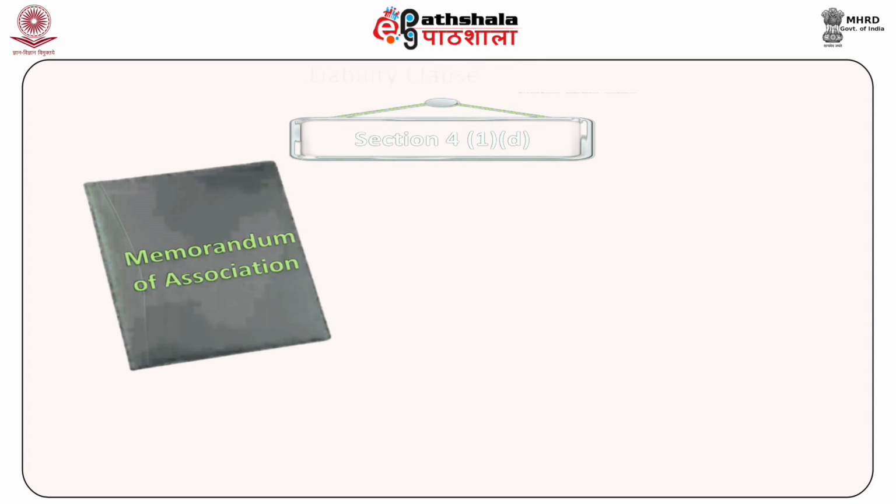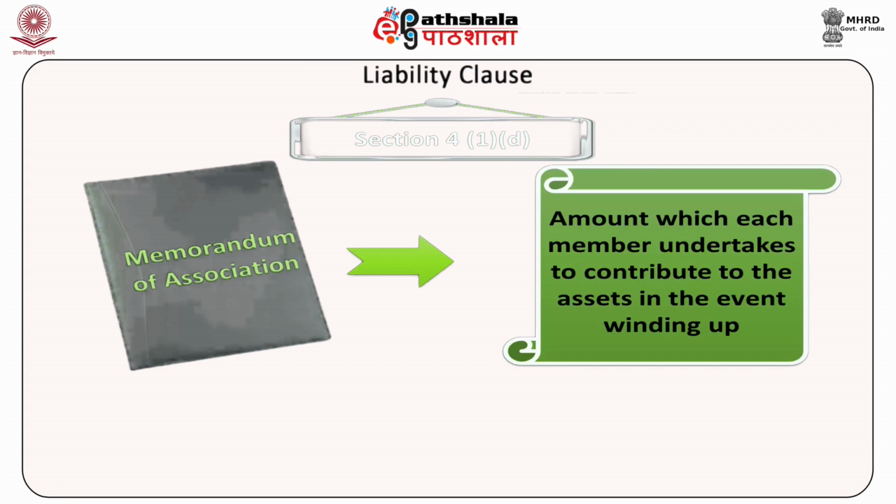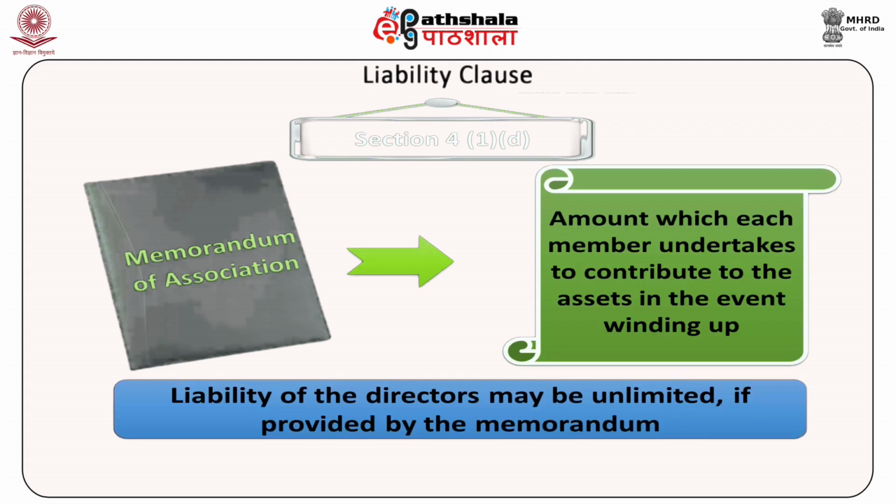The MOA of a company limited by guarantee must state the amount which each member undertakes to contribute to the assets of the company in the event of its being wound up, under Section 4, subsection 1, clause D of the Act. In a limited company, however, the liability of the directors or any director or manager may be unlimited if so provided by the memorandum.